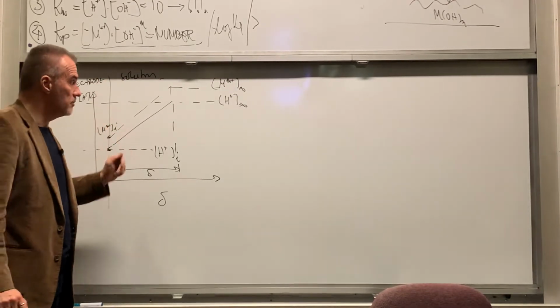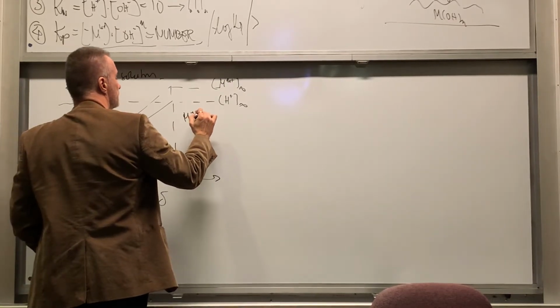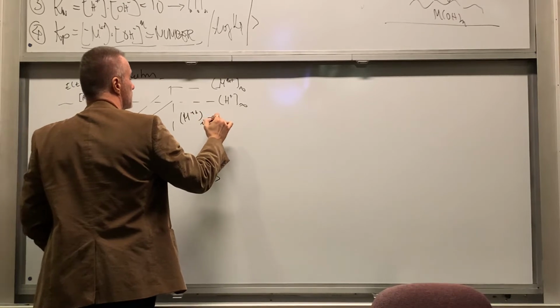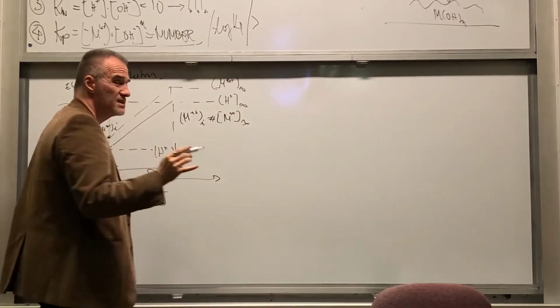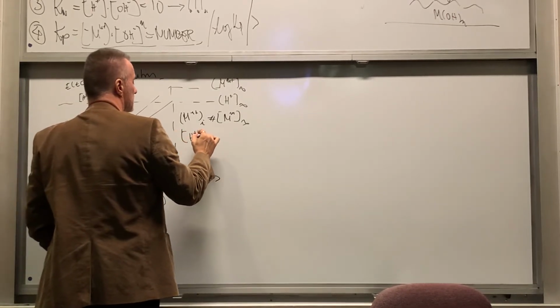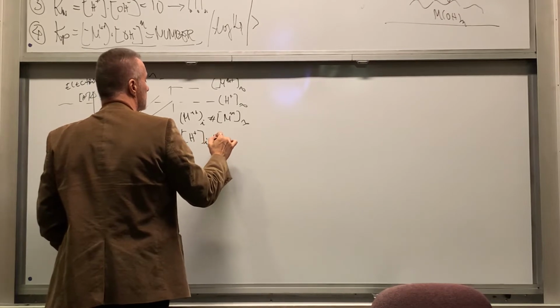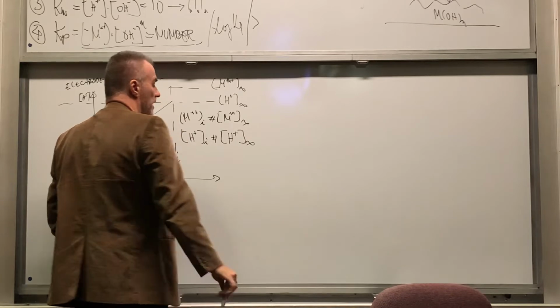So the bottom line is this: metal ions at interface concentration is not the same as metal ions in the bulk, and we discussed that, already. And hydrogen plus ions at the interface are not the same concentration in hydrogen plus ions in the bulk.